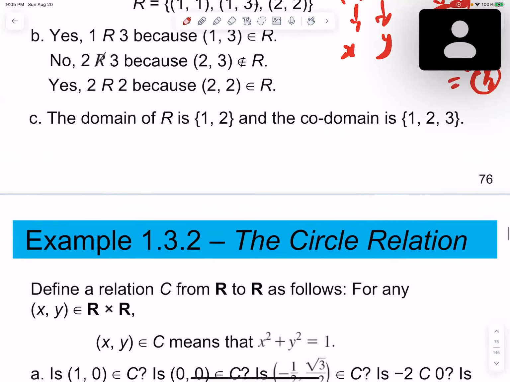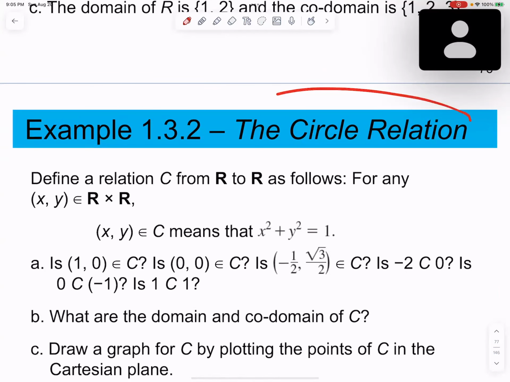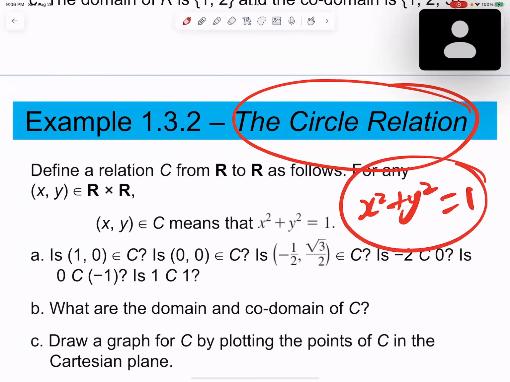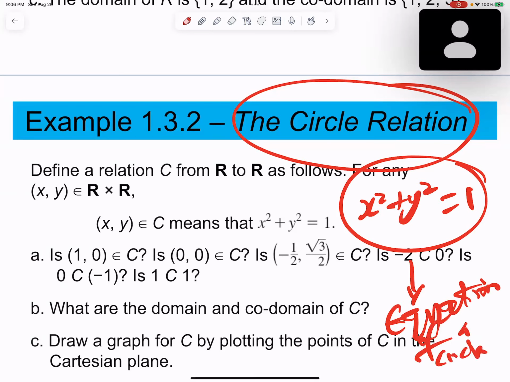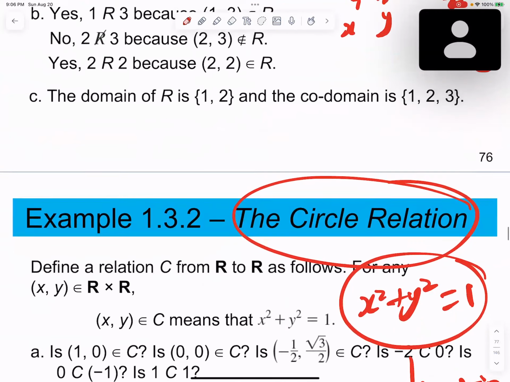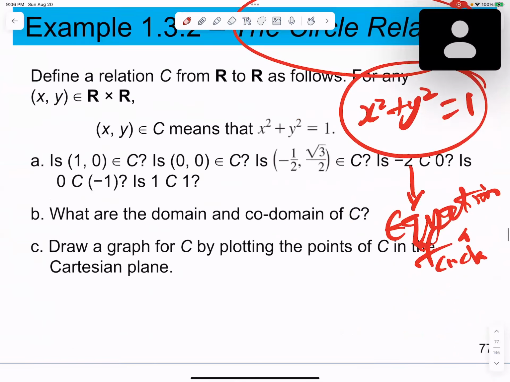Now, this is a circle. When you have something like this in math, this is the equation of a circle, okay? So you can define a relation from R to R. Okay, let's have the definition.